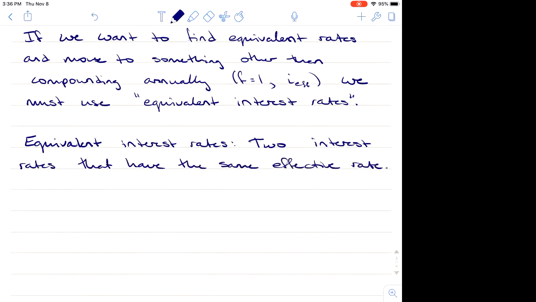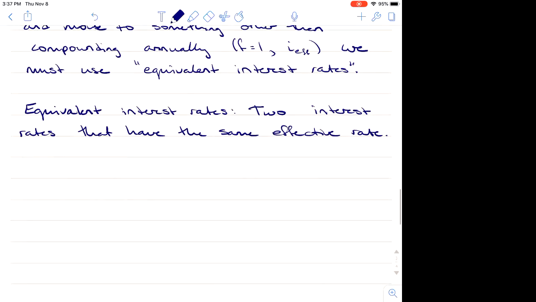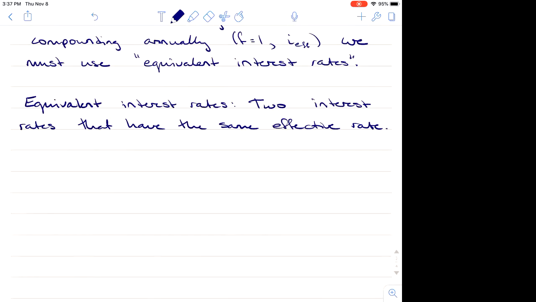That's the definition, but if we just look at the word equivalent, we kind of get it. It shouldn't matter a whole lot what the two different rates are, as long as they have the same effective rate, the i effective.